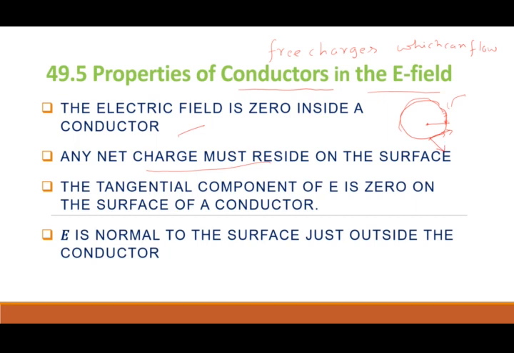Suppose this is some irregular shaped surface, and if you come here, the electric field must be in the normal direction, not any component along the tangent direction. E is normal to the surface just outside the conductor.